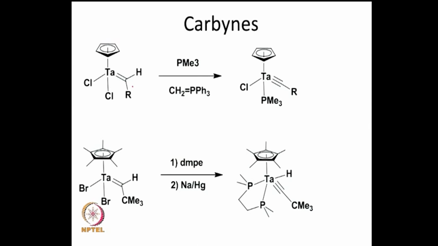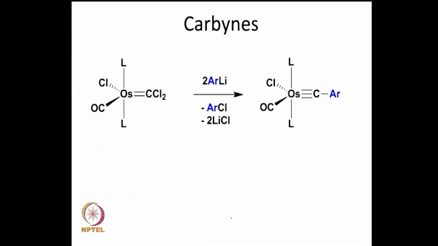I will show you quickly 2 different ways. One is to use a ylide to abstract the proton, another is to use sodium amalgam again to reduce the oxidation state of the tantalum from what it was earlier by eliminating this bromine as sodium bromide, and you form a tantalum carbyne complex.